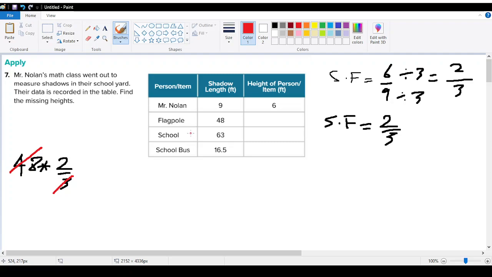It's more than 10 because 3 times 10 equals 30 and we have 48, so we need more than 10. Do 48 divided by 3, meaning 3 times what equals 48.